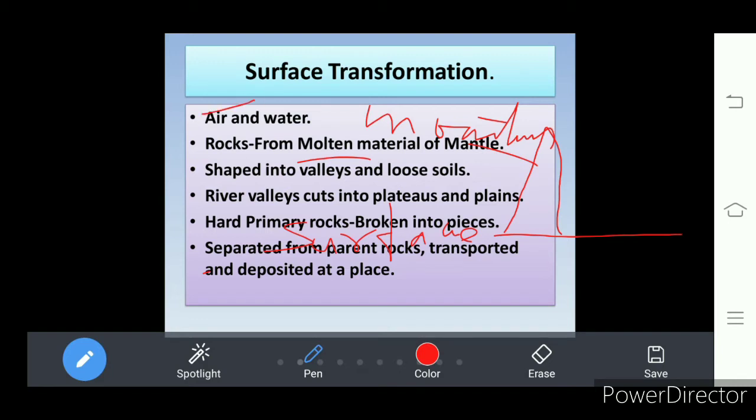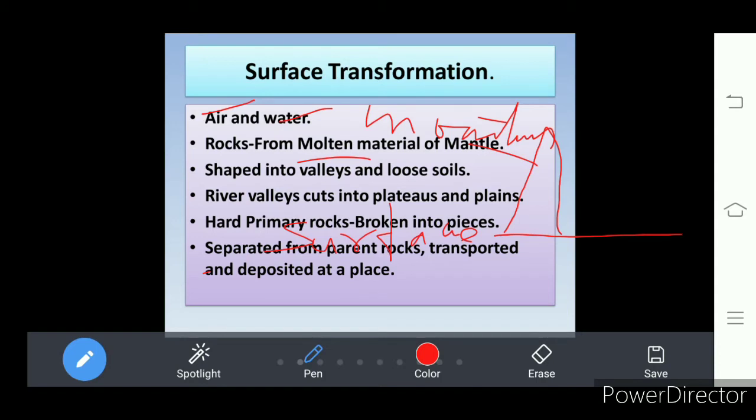Wind, that is air, and water is there. These two work on the mountain, on the rocks. We find some hills, rocks on the earth's surface. So these mountains, rocks, hills, everything on the earth's surface is exposed to the water and air.